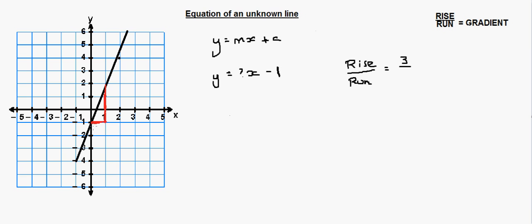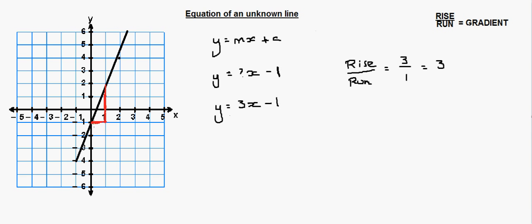We ran along the x-axis 1, and anything over 1 is itself, so we get 3. This is why I come out 1, because we only need the top number. So the equation of that line is y equals 3x minus 1.